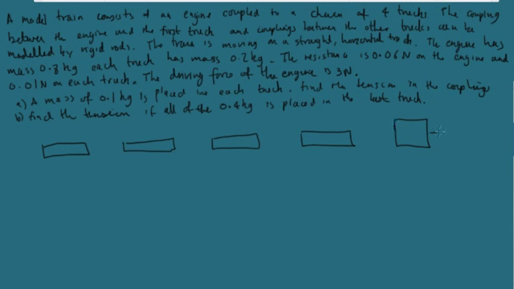So we've still got our 3 newtons, we've still got our 8 newtons and our 8 newtons. We've still got our 0.06 newtons, and we've still got T1. And this time this will be 2 newtons.